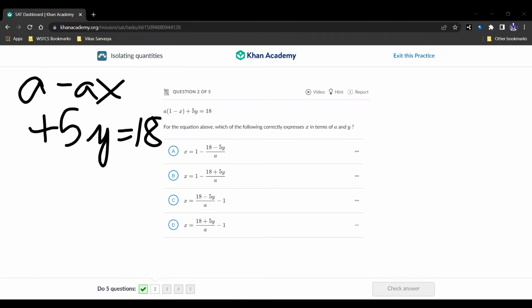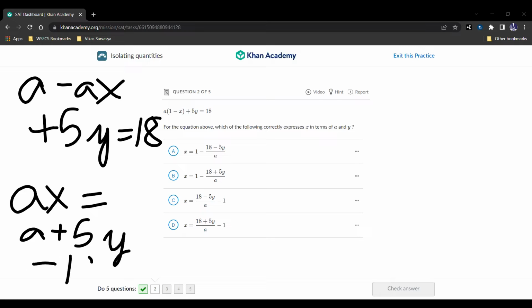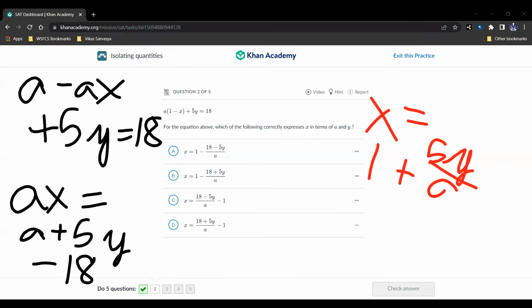We can add ax to both sides, subtract 18 from both sides to get that ax equals a plus 5y minus 18, which means that x, we divide by a, we get that 1 plus (5y minus 18) over a.